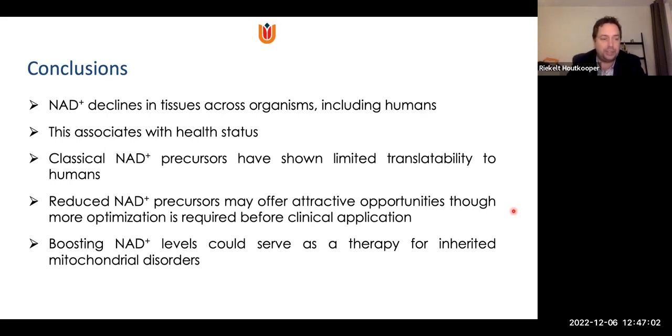we do see some effect in one trial, some in others, but not very positive, like the preclinical models, which are massively positive. We do see that these reduced NAD precursors like NMNH, but we also identified together with a group in Switzerland, NRH, which is very similar actually, may offer attractive opportunities to improve NAD homeostasis, but obviously there's more work to be done to apply this in a clinical setting.